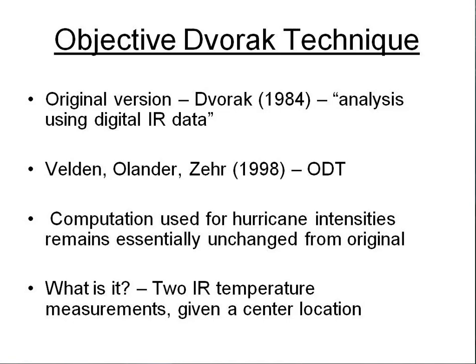The objective Dvorak technique, or ODT, evolved from the EIR technique. The idea being that with images on a computer workstation, T numbers to the nearest 0.1 instead of 0.5 could be generated with a simple algorithm using a user-supplied center location.